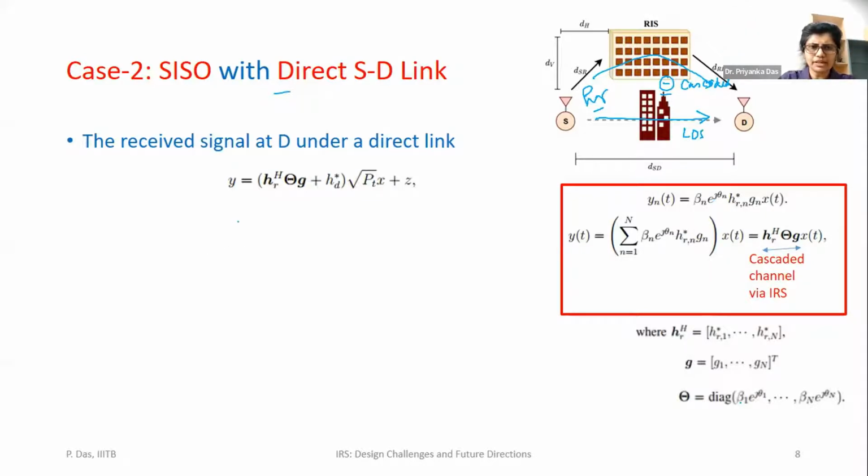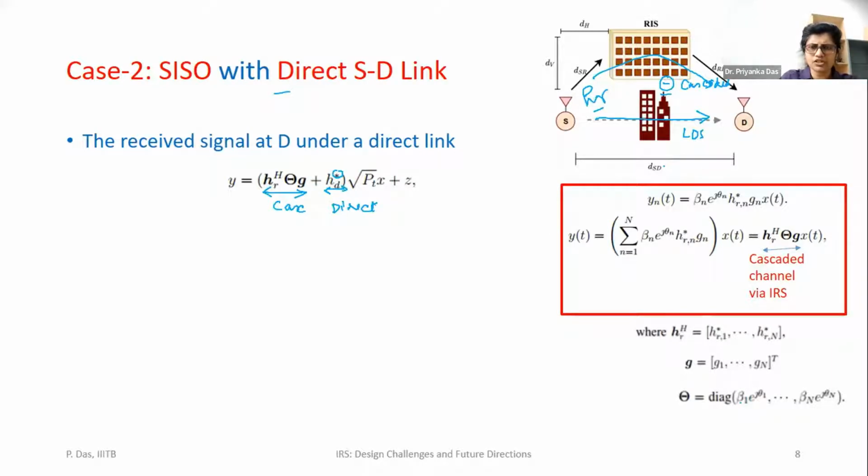So Y will be the summation of two channels. One is the cascaded channel, which I can see here, and h_D star is the direct channel.